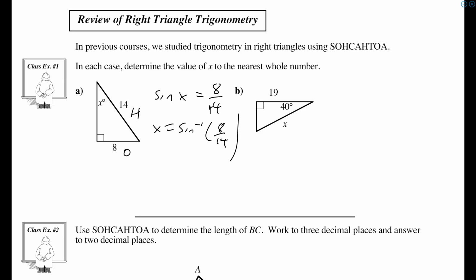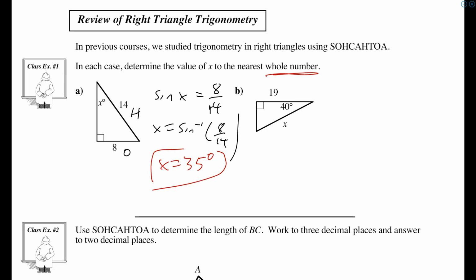If your calculator's been reset and it's a fancy calculator like this, it defaults to radians. So go into mode and change that from radian to degree, otherwise you're going to find some wonky things. Second sine of 8 over 14. This one asks for the nearest whole number, so we can say X is 35 degrees.